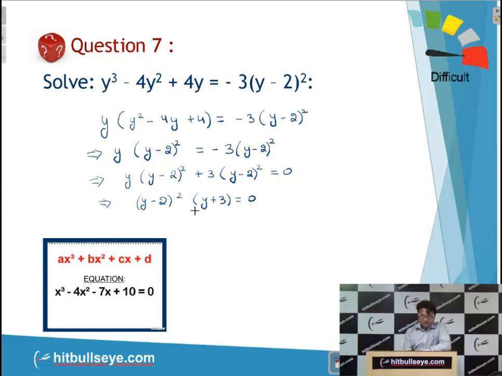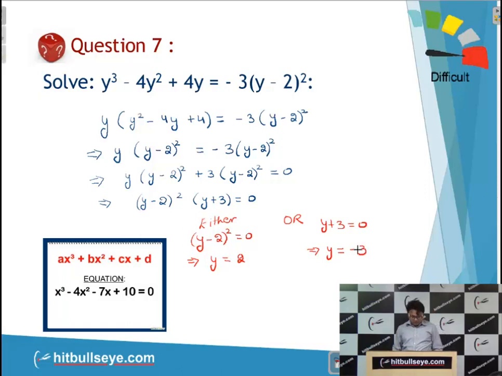So here I will get either y minus 2 whole square equals to 0 or y plus 3 equals to 0, and I will get the resultant as y equals to 2 and y equals to minus 3. I hope it's clear, students.